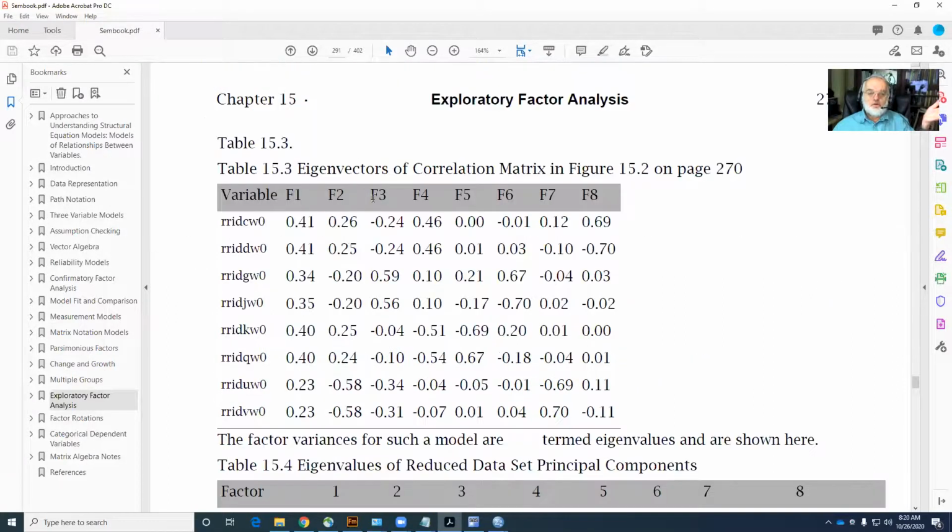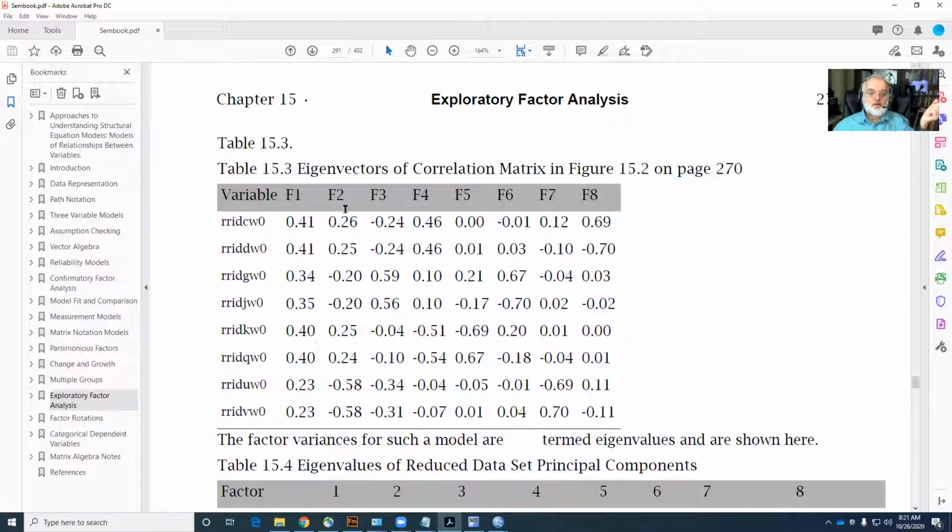So if you go into standard software like SAS and say call eigen, it will then give you these things that are called eigenvectors. And you'll notice something about them. So this first set of eigenvectors that I have, if I square those numbers and add them all up, I'm going to get the number 1.